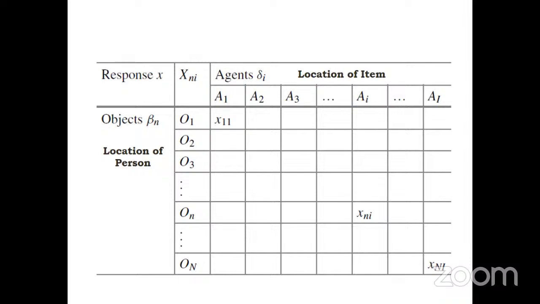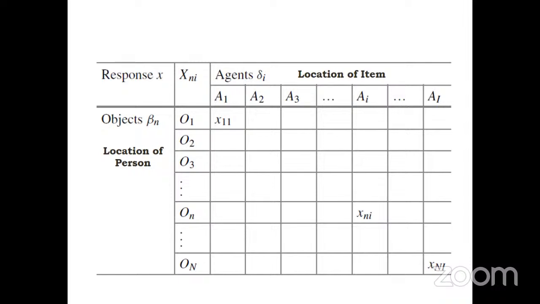As you consider the location of items, suppose you have a number of items, A1, A2, A3, all these are items located on the continuum, right? And you have the location of persons, person 1, person 2, person 3, like that. When you consider the interaction of the first person, O1, with the first item, A1, you get a response of X11.